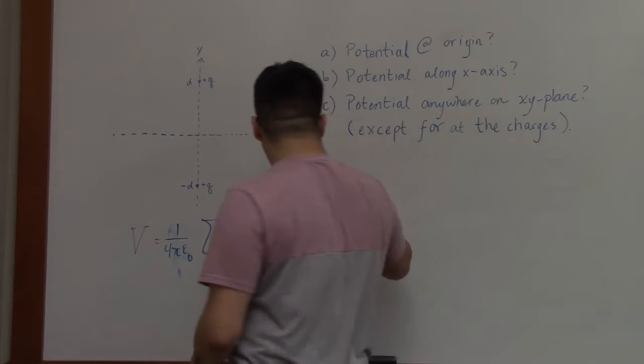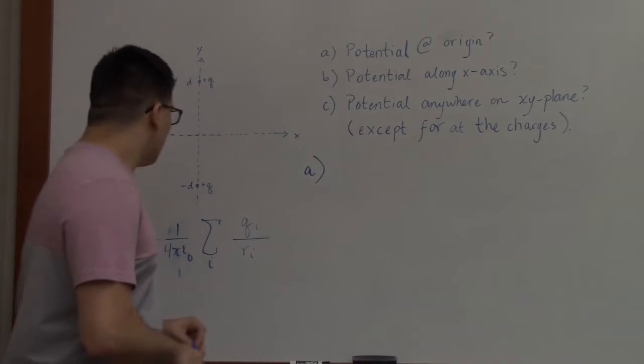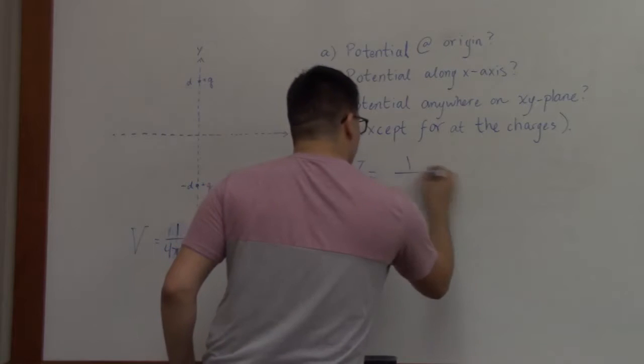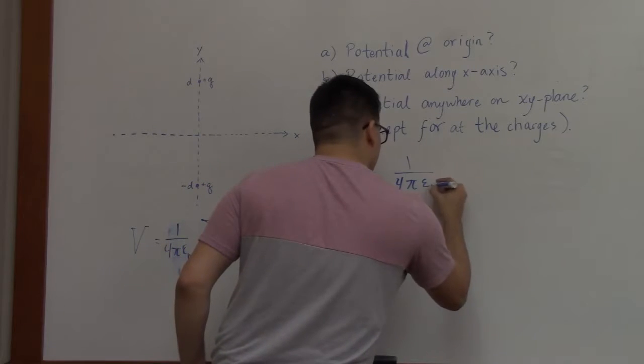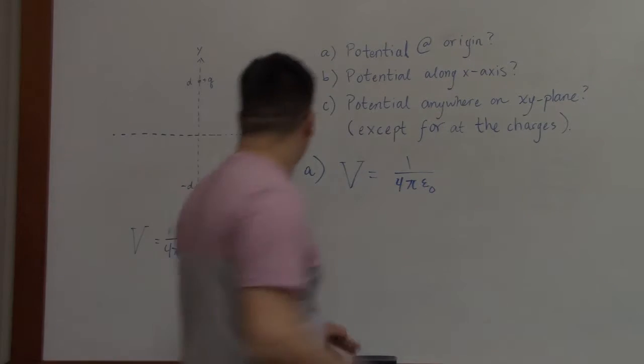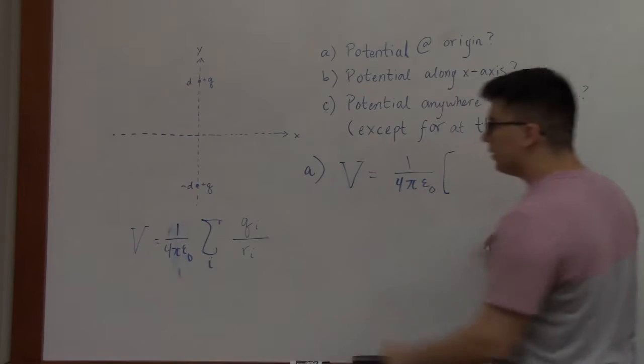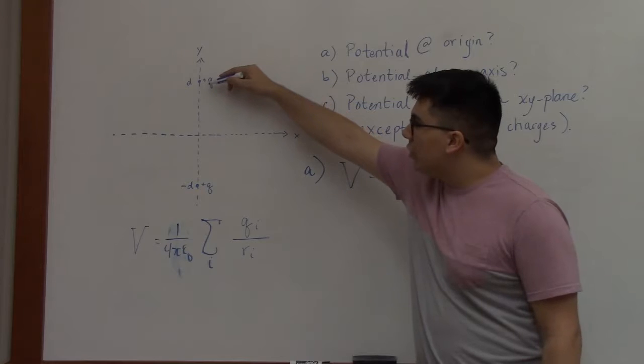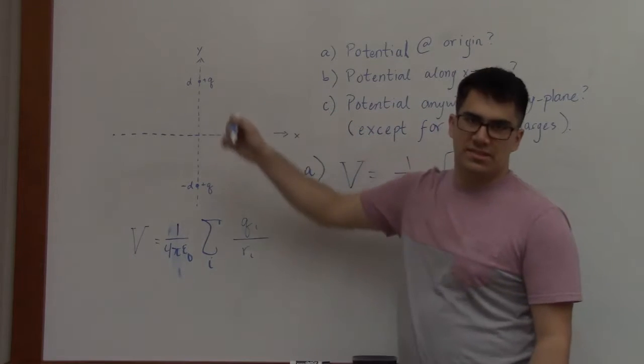So for part A, the voltage is just going to be 1 over 4 pi epsilon naught times, from this origin, this q over whatever this distance is, and this distance is going to be d.